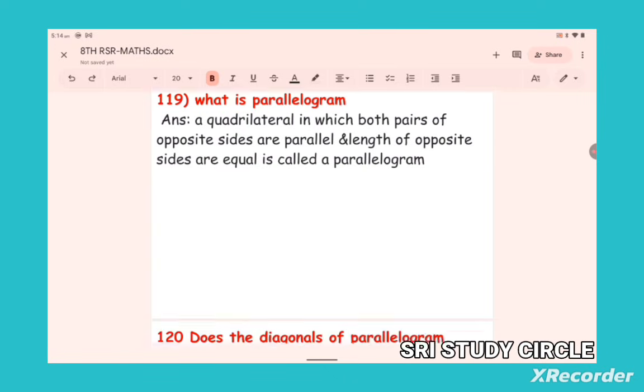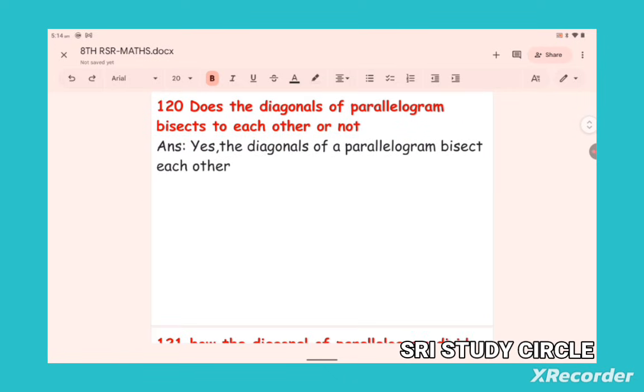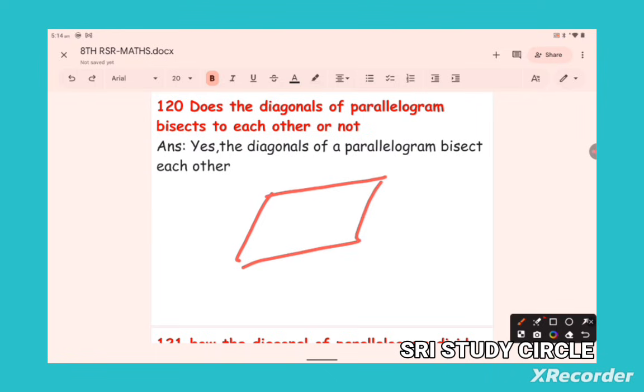Next question. Do the diagonals of a parallelogram bisect each other or not? Yes, the diagonals of a parallelogram bisect each other.